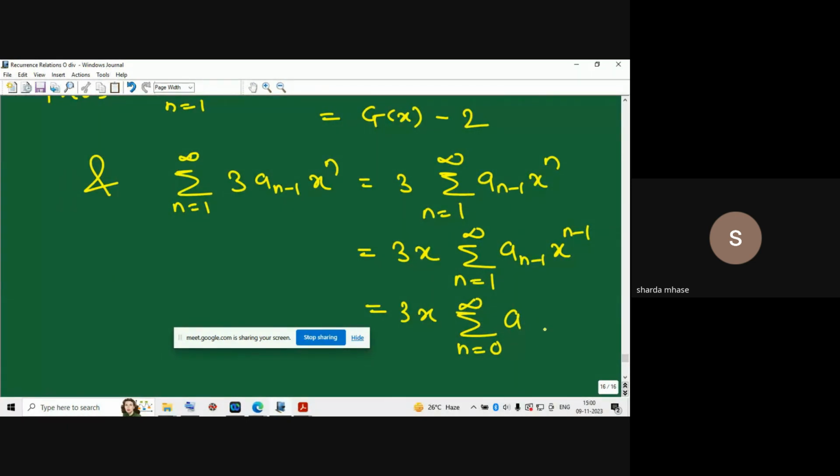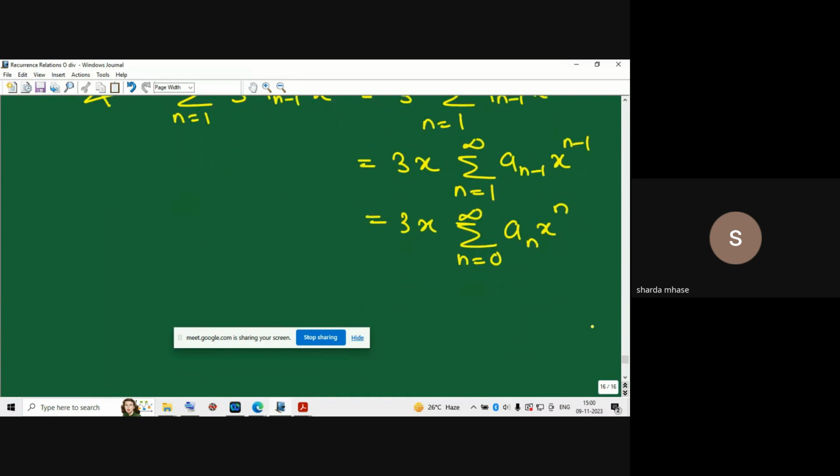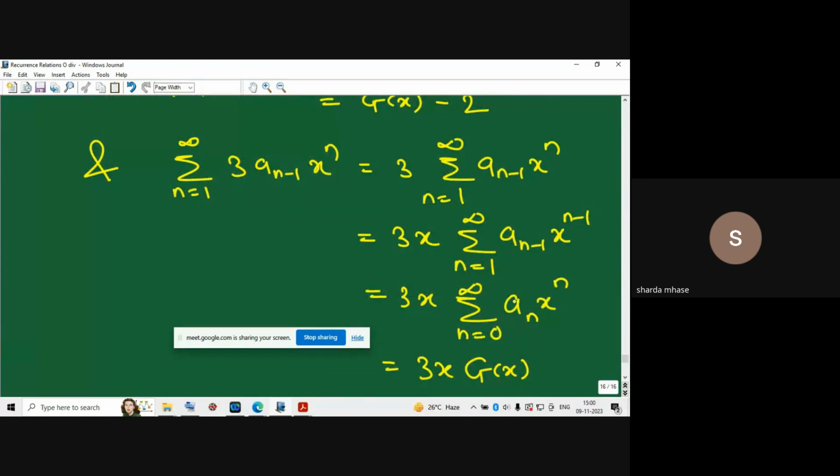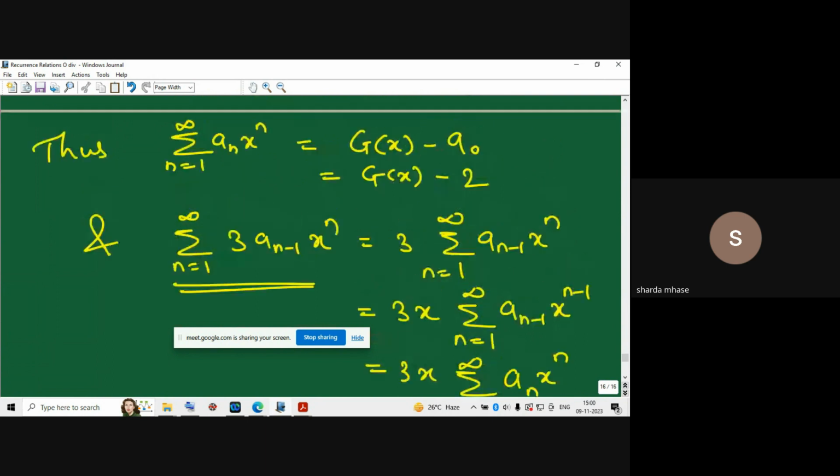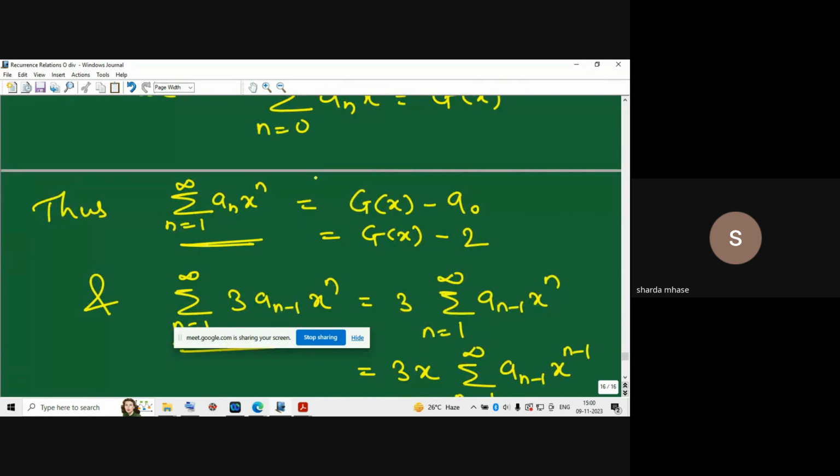What am I supposed to write? Someone tell me what I am supposed to write here. a n x to the power n. But what is this sigma a n x to the power n? That is 3x as it is, and this is the value of g of x. So I got the simplified term for this, as well as the simplified term for this.